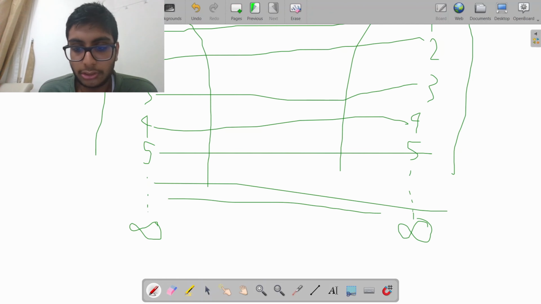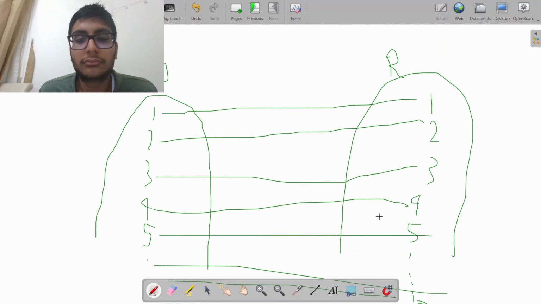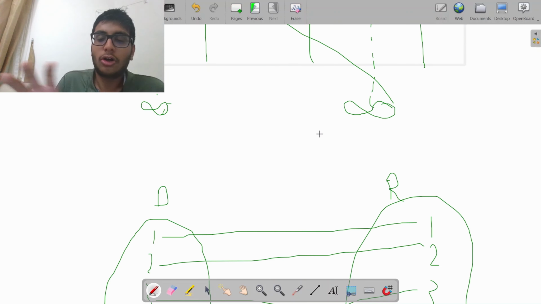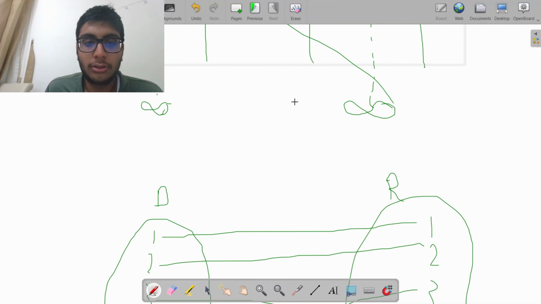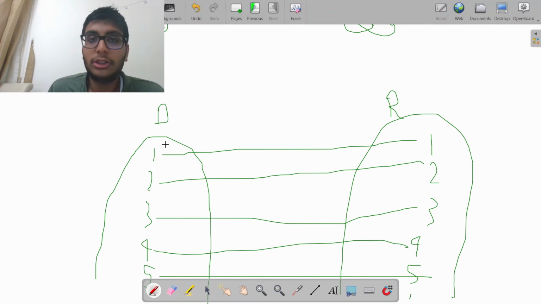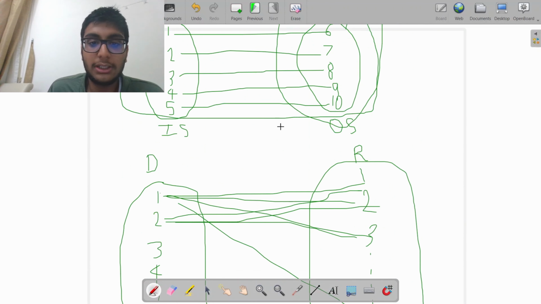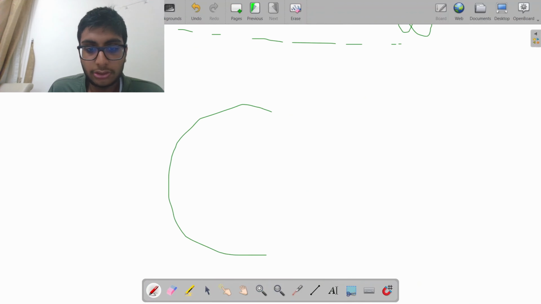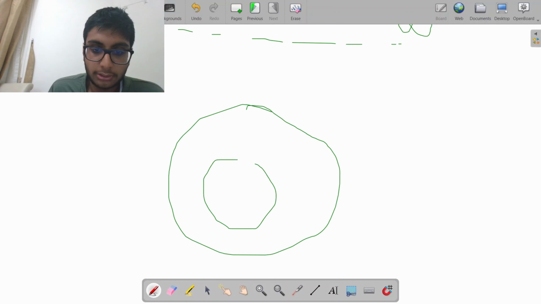And it goes on and goes on to infinity. So you see, now the thing is, how many relations are there? Over here you can visually see that there are many more relations because one is connected to basically all the objects, and over here one is only connected to itself. So if you go for all the numbers, then there are so many more relations over here than over here. And this says that the relation is actually bigger than the function.